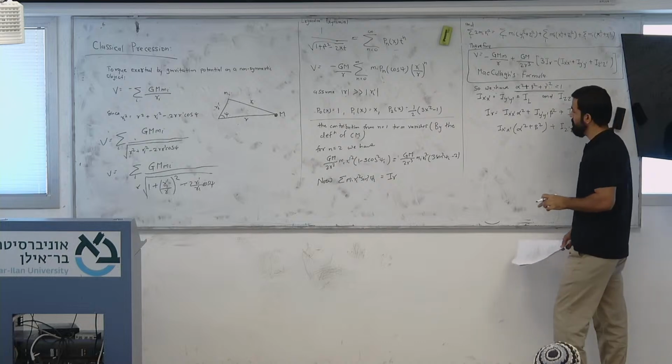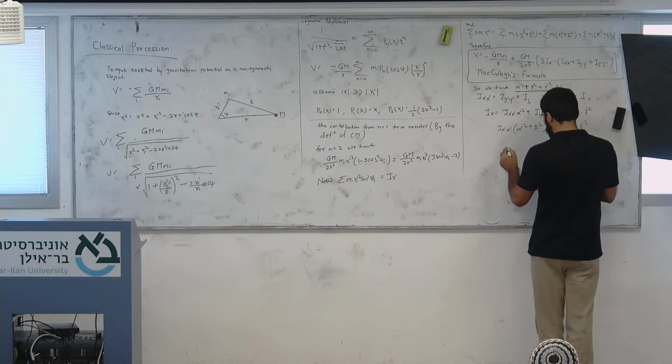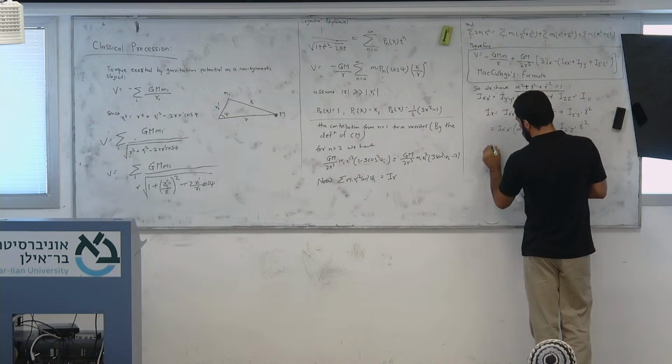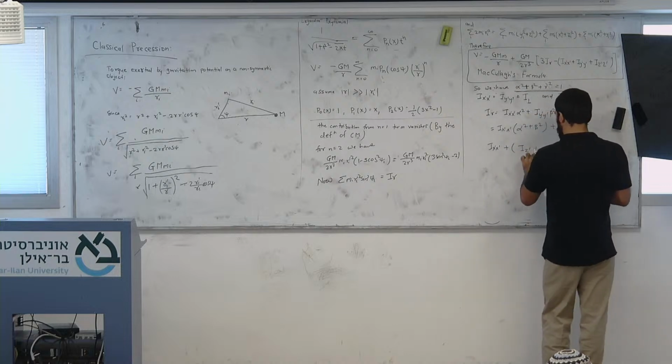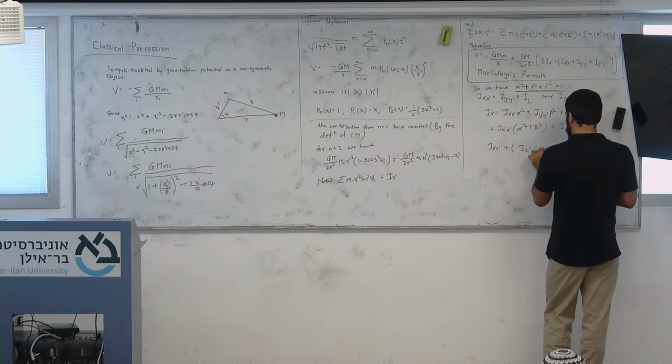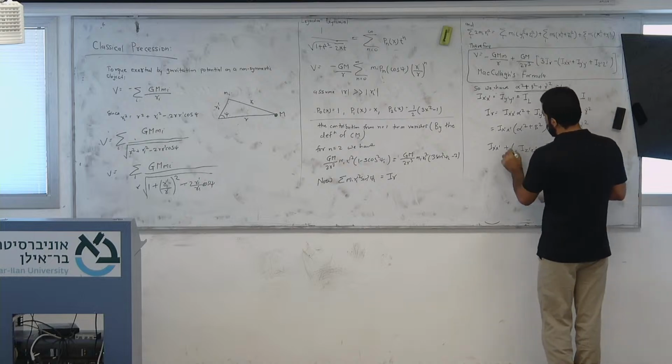Okay, let's write it down like this. So it will be I x prime plus I z prime minus I x prime gamma square.